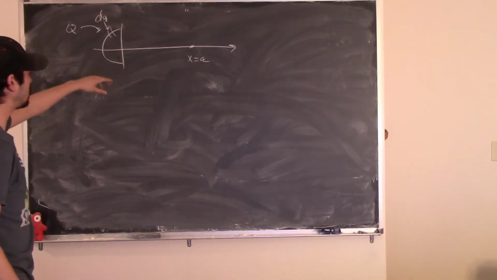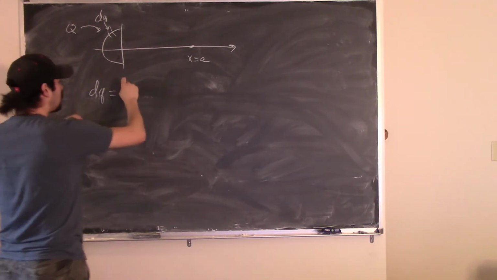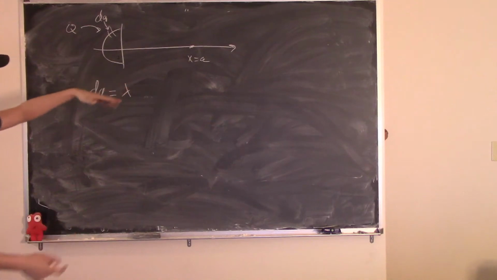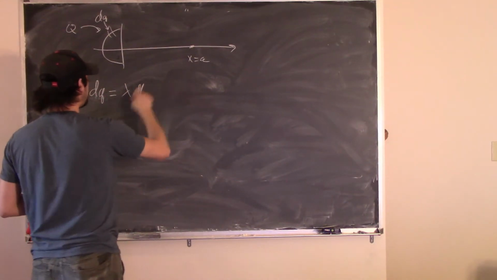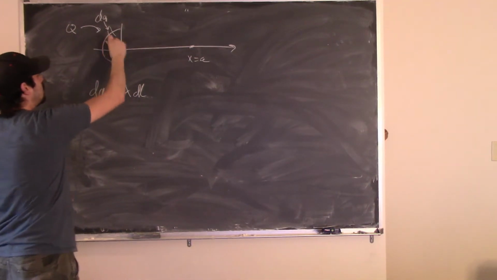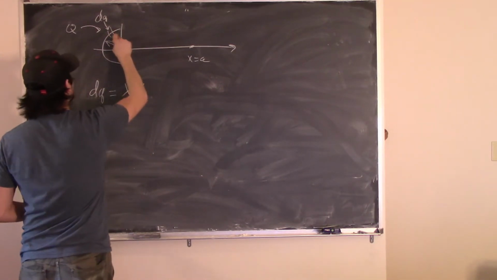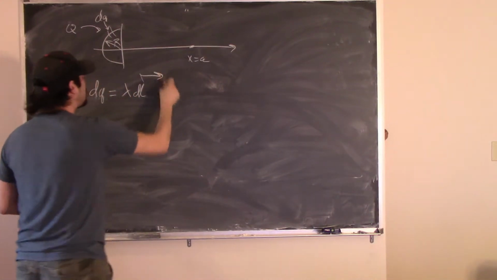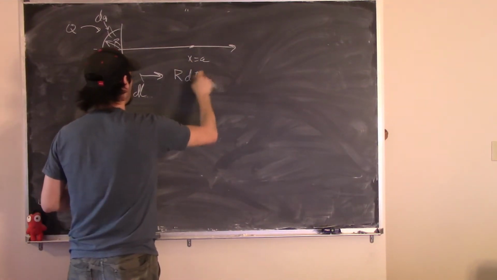Because it's the arc of a circle, dq in general, and this is also true for line distributions of charge, is equal to lambda dl. For the arc, with some radius capital R, dl is going to be r d theta.